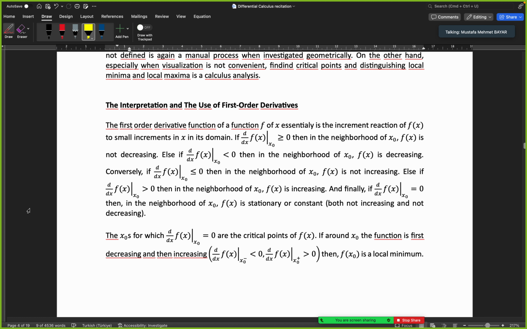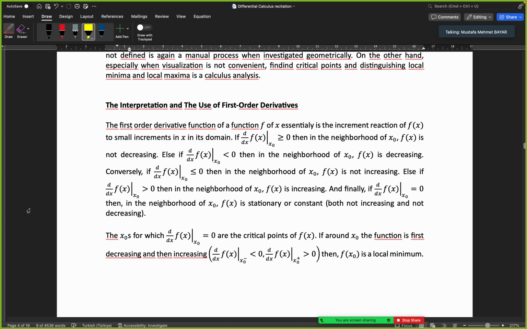Well, if the first order derivative is non-negative, either positive or zero, then f is non-decreasing around that point. If the first order derivative is strictly positive, then the function is increasing around that point.